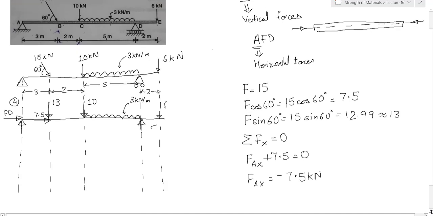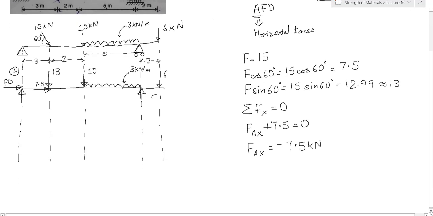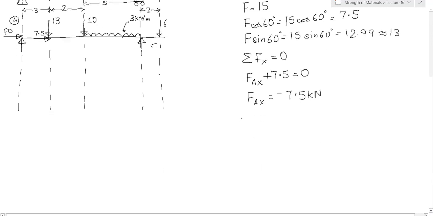So we can find out using our summation M formula and summation Fy formula. So summation Fy is equal to, what are the forces? First of all, there is FAY minus 13 minus 10. This is for 5 meters, so it will be minus 3 into 5, plus FD minus 6 is equal to 0.